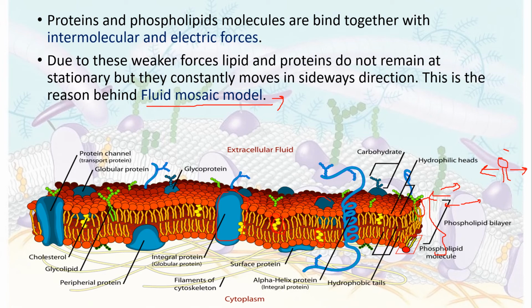With the continuous movement of phospholipid molecules, the cholesterol and proteins attached to them also move. Proteins and phospholipid molecules are bound together with intermolecular and electric forces. Due to these weaker forces, lipids and proteins do not remain stationary, but constantly move in a sideways direction. This is the reason behind the fluid mosaic model.